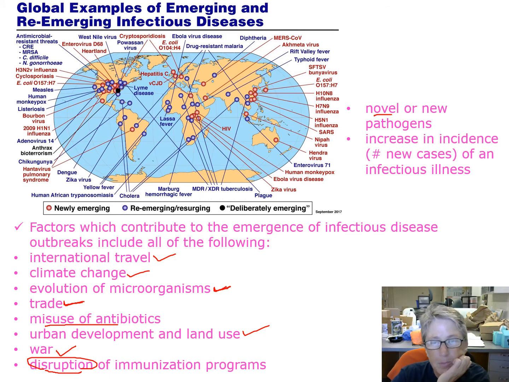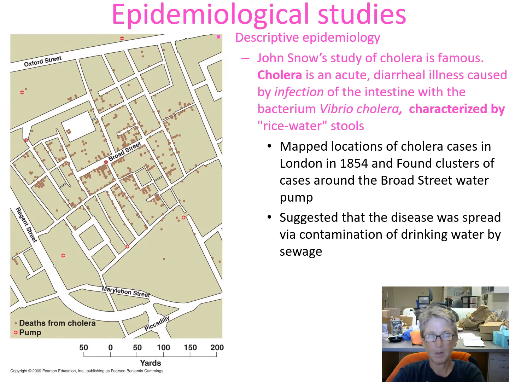And then an increase in incidence of an infectious illness. If you can contain it, it might not be an emerging infectious disease. But if you can't and the incidence rate increases, then that contributes to the emergence of infectious disease.